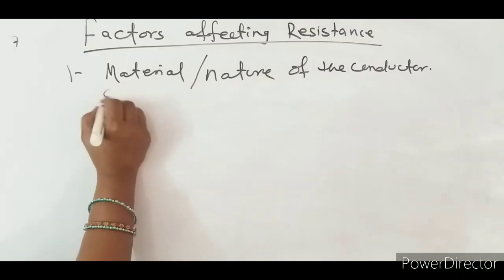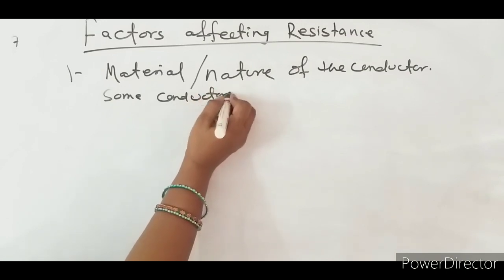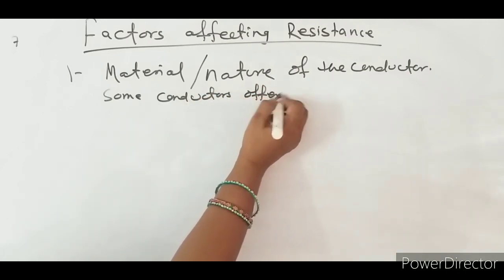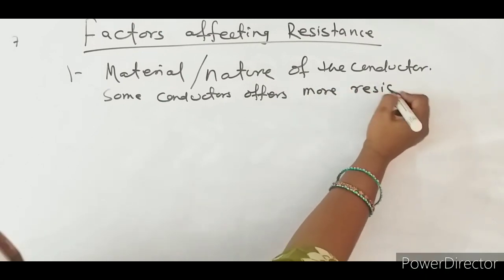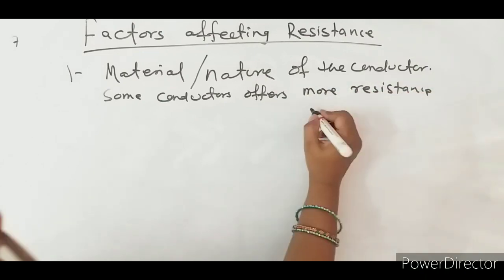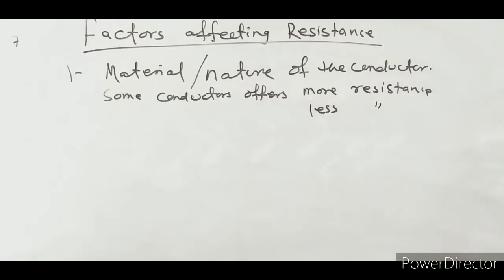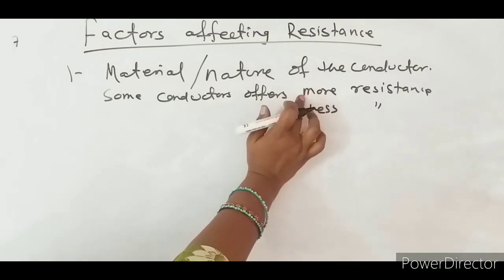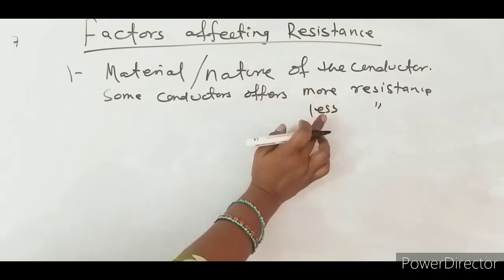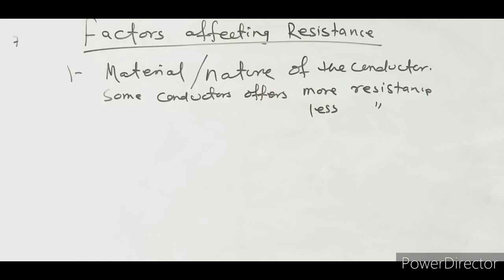Obviously, for those who offer more resistance, conductance will be less. For those who offer less resistance, conductance will be more. Clear?